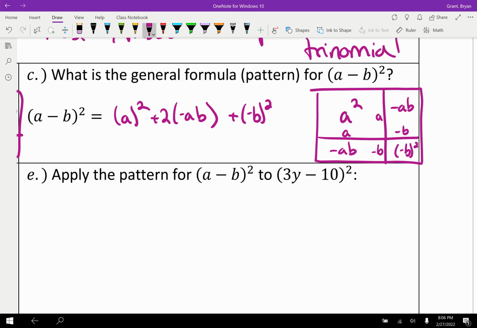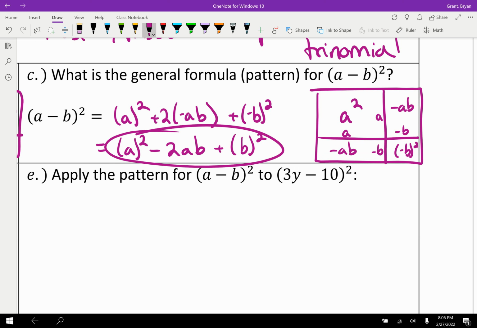There we go. Oftentimes, though, you'll see this written as a squared, and they'll just say, well, a positive times a negative is a negative, and then they'll keep the 2 out front like so. And then they'll also say anything negative squared will become positive, so they leave that off. This is probably the more common way you see it written.